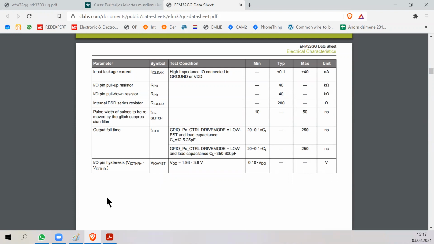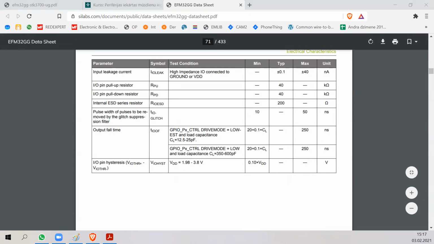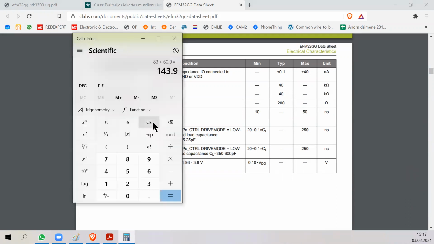It has some limitation, and let's check out what frequency it corresponds to. 250 nanoseconds corresponds to 4 megahertz speed.